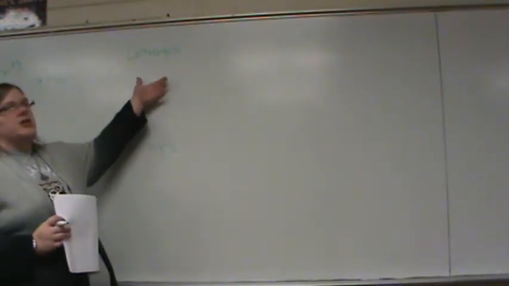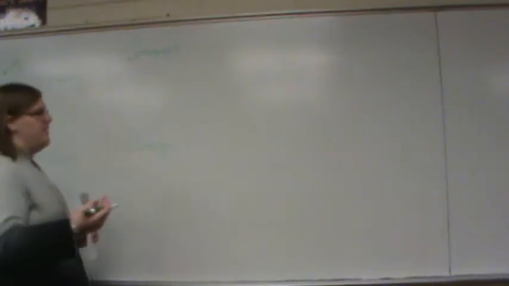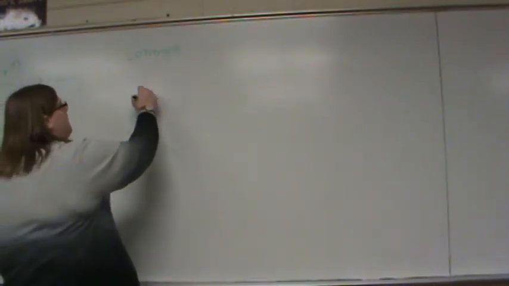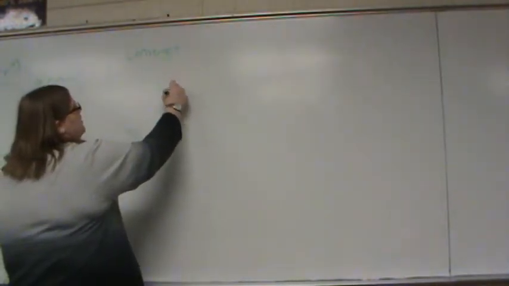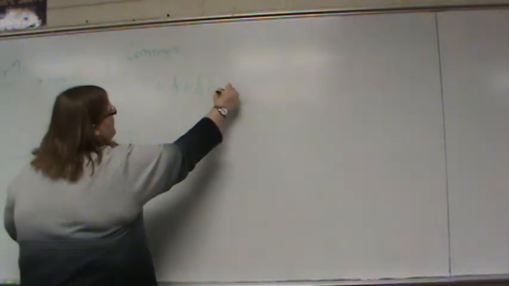So this is kind of confusing, so I want to make sure that everyone's paying attention for this part. This is probably the hardest part of this section. If we're talking about something converging, what that means is you'll have an infinite series. So we'll have 1 plus 1/2 plus 1/4 plus dot, dot, dot, right?